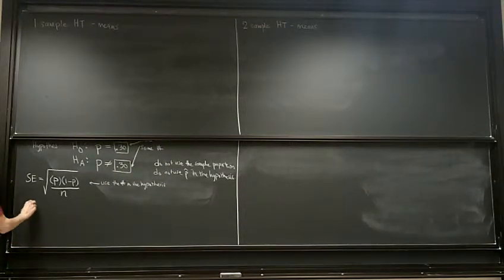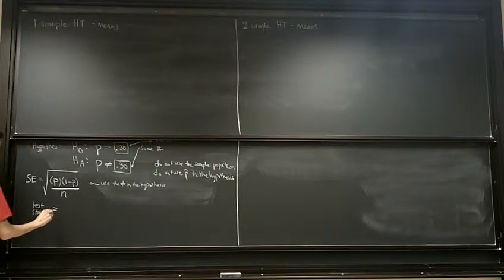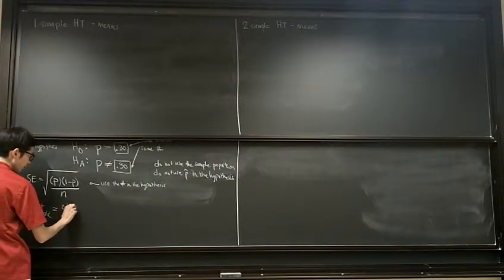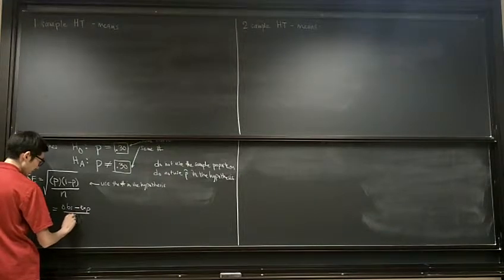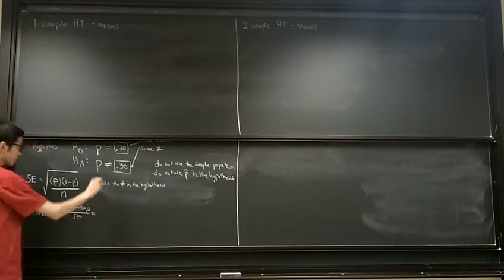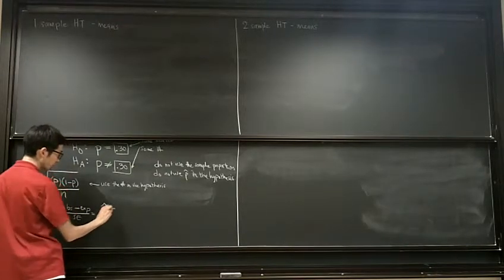And then our z-score, our test statistic, is observed minus expected divided by the standard error. So in this case, what I observed is my sample proportion.